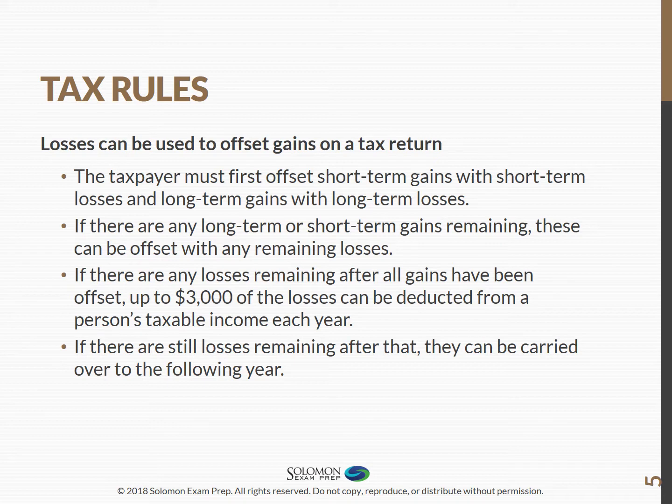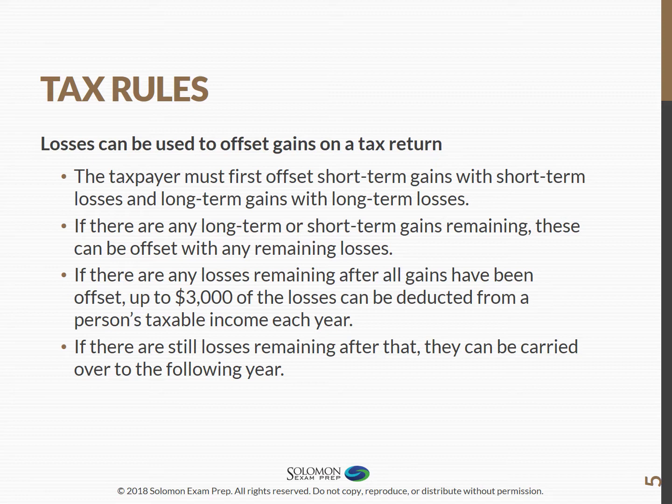Losses can be used to offset gains on a tax return, but the rules are somewhat complicated. The taxpayer must first offset short-term gains with short-term losses and long-term gains with long-term losses. If there are any long-term or short-term gains remaining, these can be offset with any remaining losses, whether they are short-term or long-term.